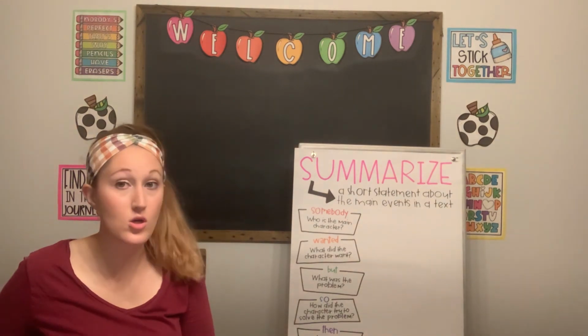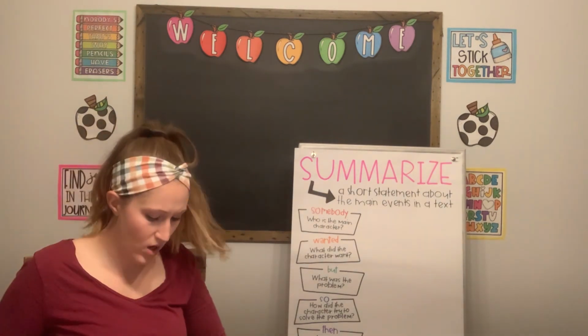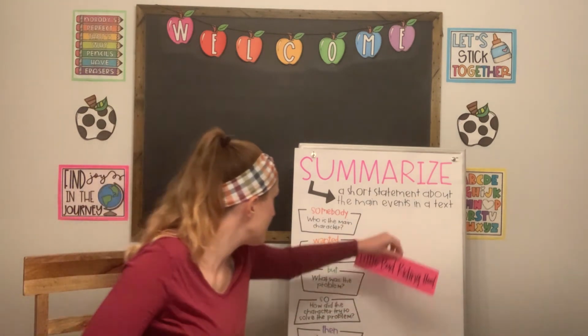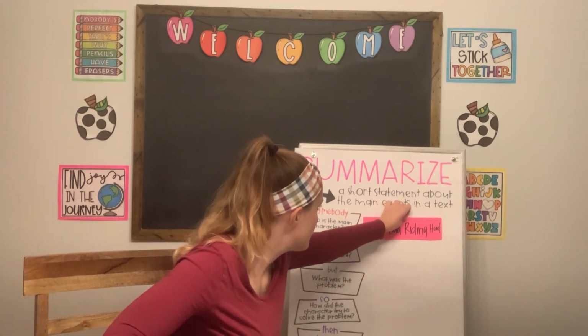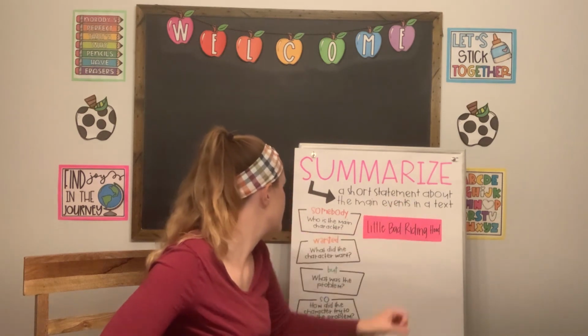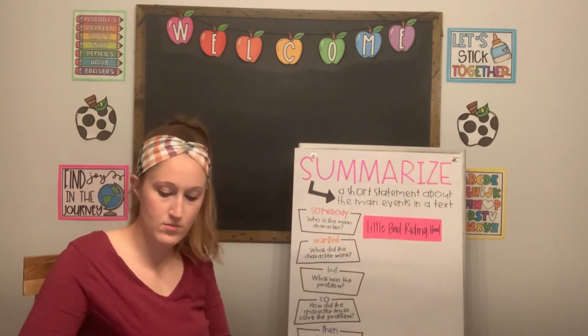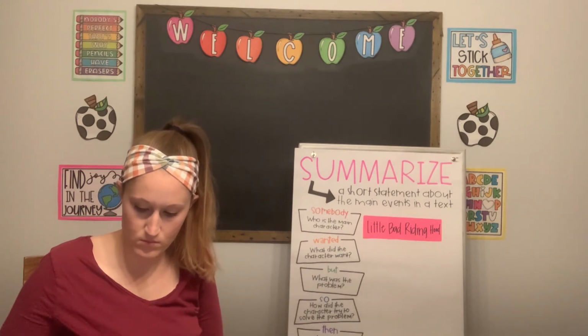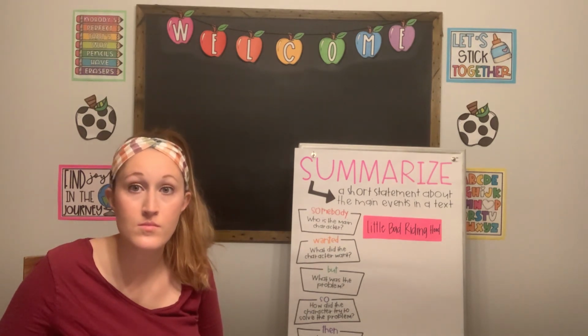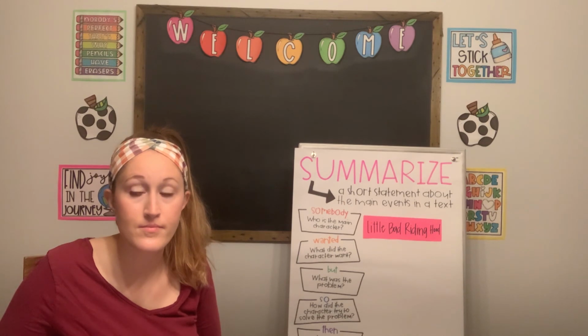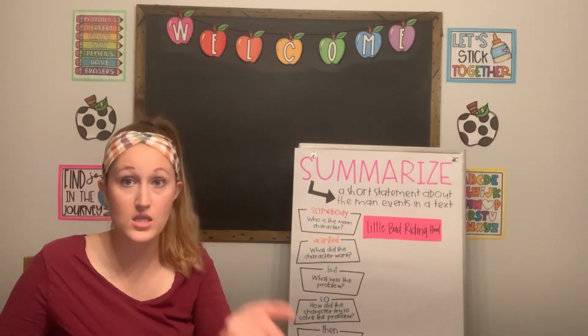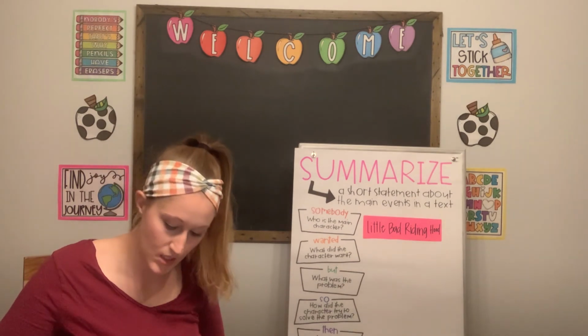Okay, so we have Little Bad Riding Hood and wanted. What did she want? Or what was she doing? She wanted to bring Granny some cookies and cakes.